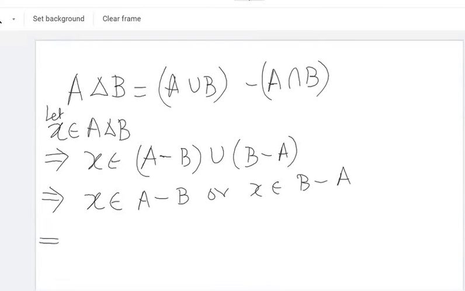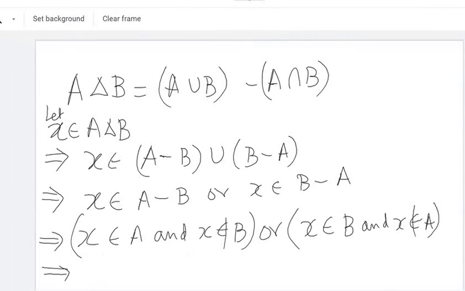X belongs to A and X does not belong to B, or X belongs to B and X does not belong to A. Since this is an OR statement, one of these has to be true.